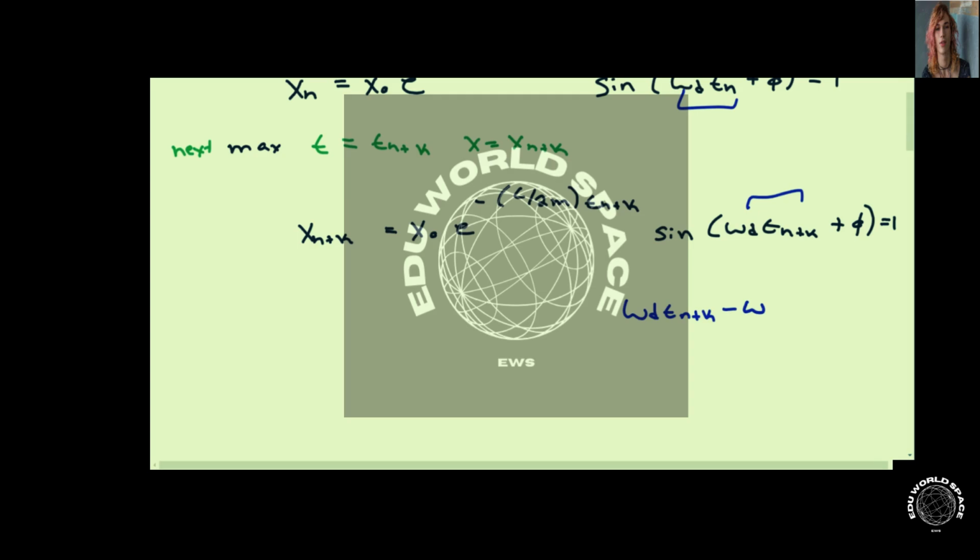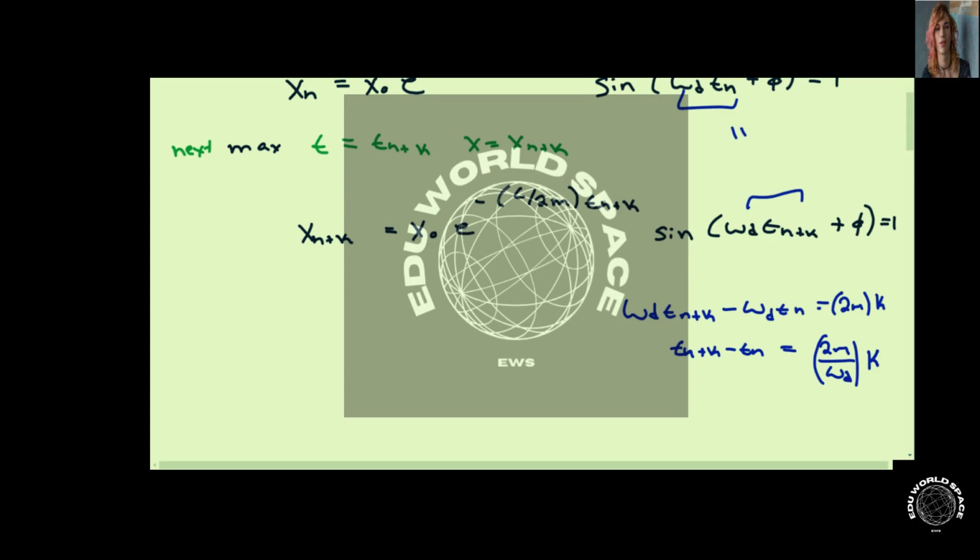And we set those equal to each other, and here that we have w and t, and we'll have that equal to 2 pi times k, and that has to do with frequency and trig, okay? And now we have tn plus k minus tn is going to equal 2 pi over wd times k, okay?